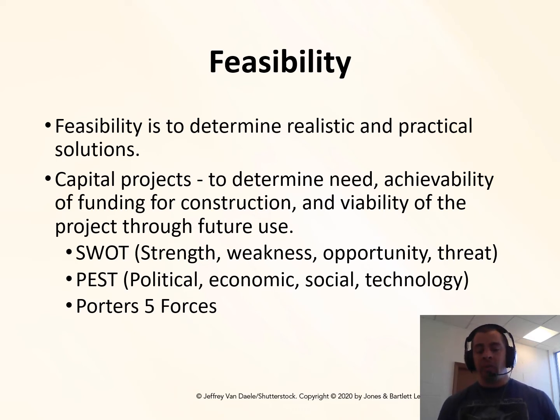And there's several things or tools we can utilize to help determine feasibility. Some of those are a SWOT analysis, a PEST analysis, or a Porter's 5. Two of these I'm going to discuss a little further on the next two slides. That's the SWOT and the Porter's 5.